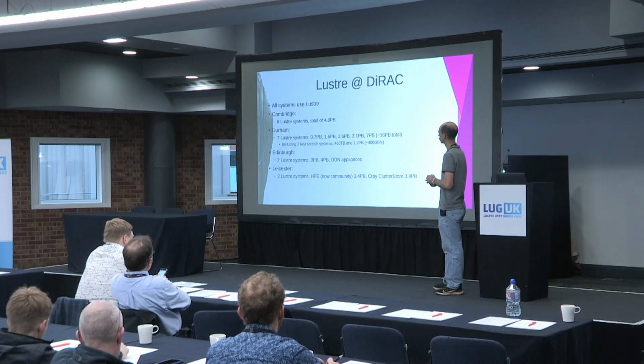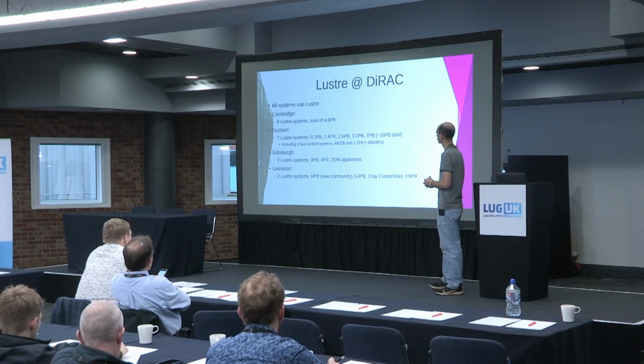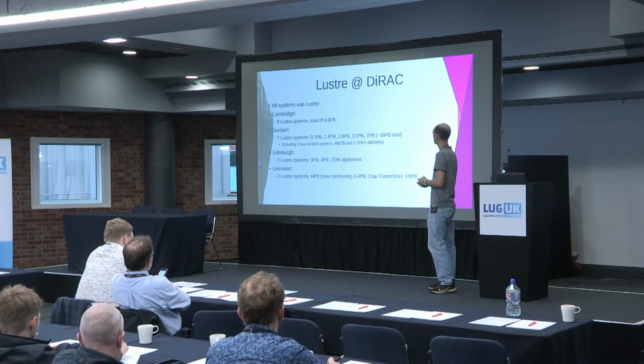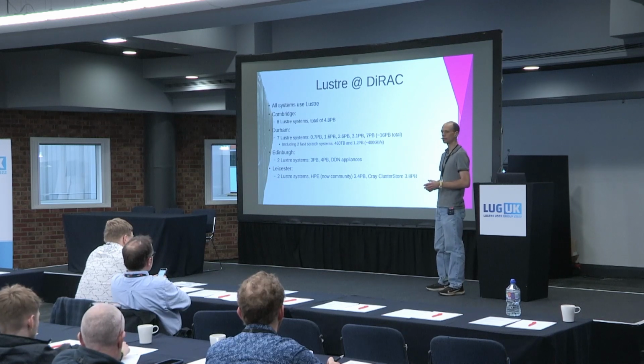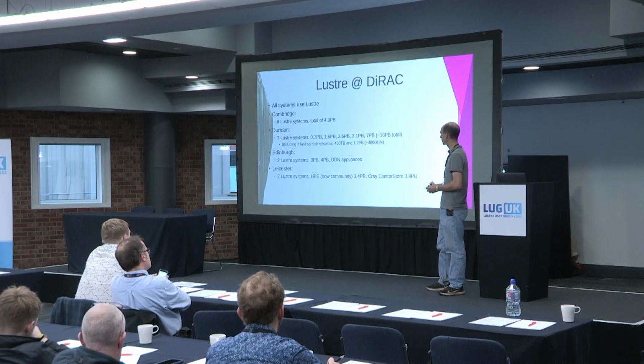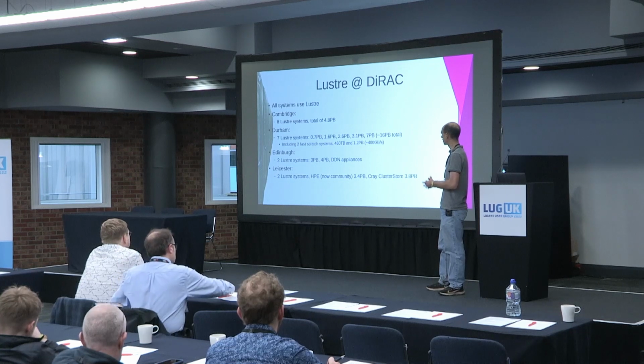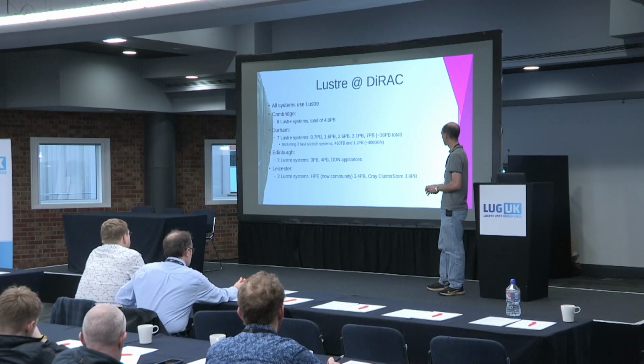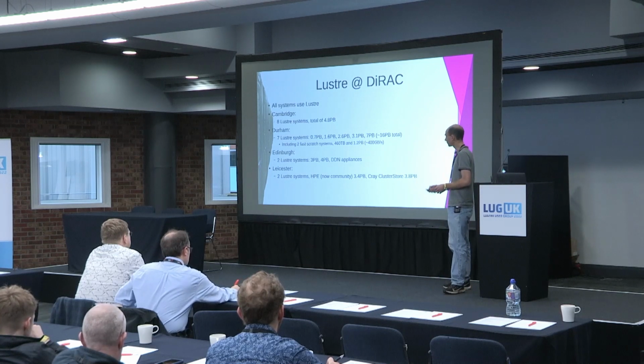In Durham, we've got 7 Lustre file systems ranging from fairly small up to about 7 petabytes, about 16 petabytes in total, and 2 fast scratch file systems, which I'll talk briefly about. Edinburgh has 2 Lustre file systems, 3 and 4 petabytes, DDN appliances, and in Leicester, again, 2 file systems with various different variations of Lustre on those.